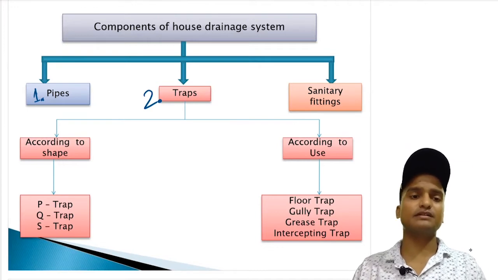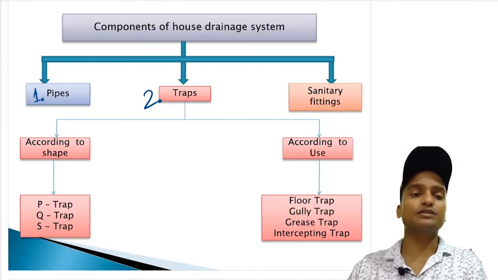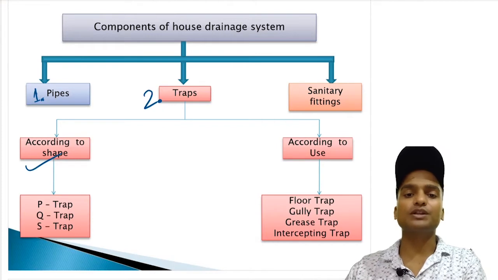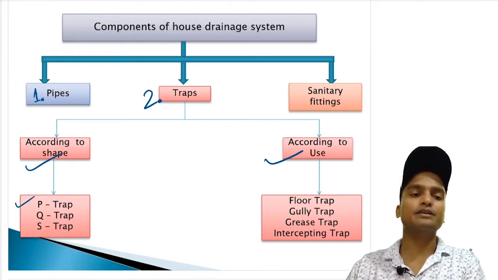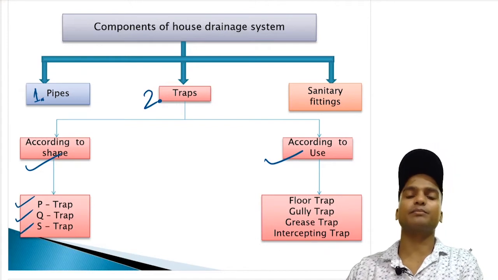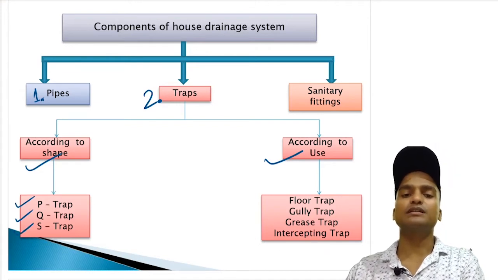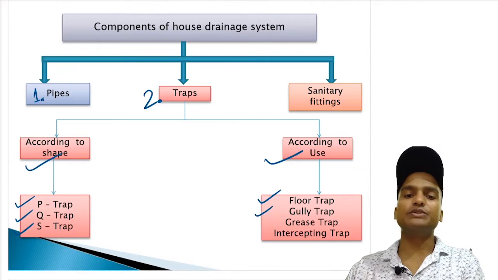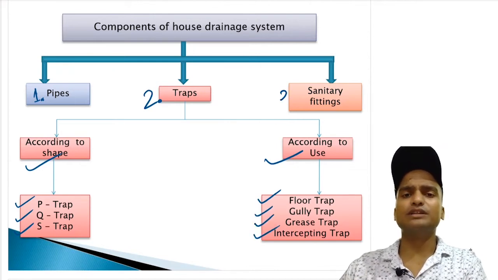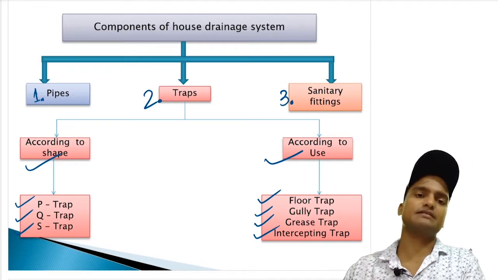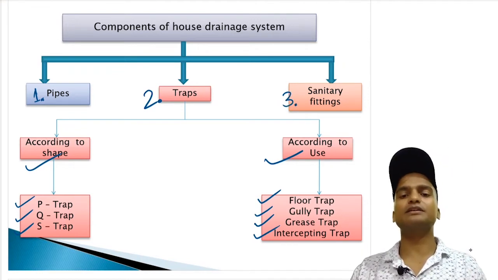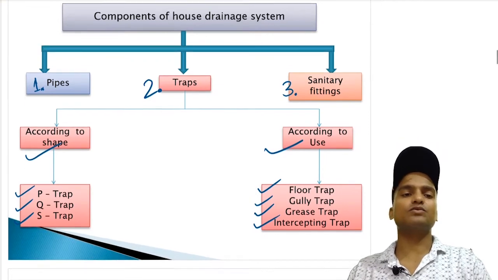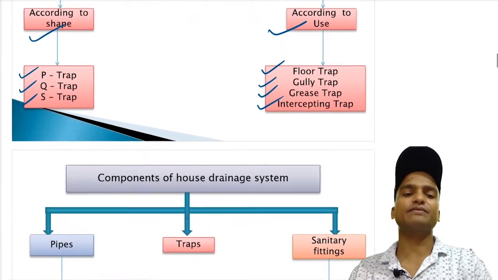As we have discussed, they are divided according to shape as well as according to use. According to shape, there are P trap, Q trap and S trap. And according to use, there are floor trap, gully trap, grease trap, intercepting trap, and the third one is the sanitary fittings. As far as traps are concerned, we have discussed them in detail. Let us look into pipes and sanitary fittings.